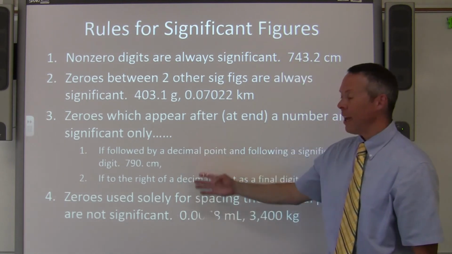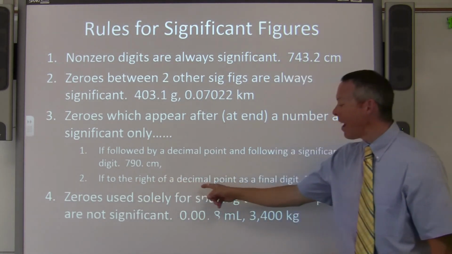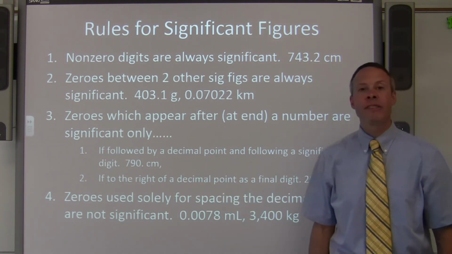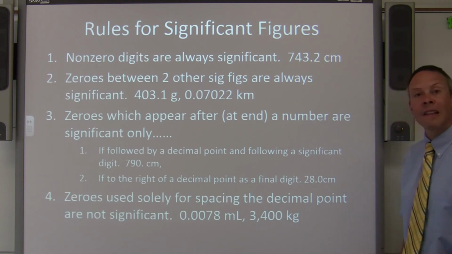The second case when a 0 will be significant at the end is if it is to the right of the decimal point as a final digit. So why would you bother putting it at the end to the right of a decimal point unless it was significant? So the example to show here is like what we were just doing with the ruler with hardly any lines. 28.0 centimeters.